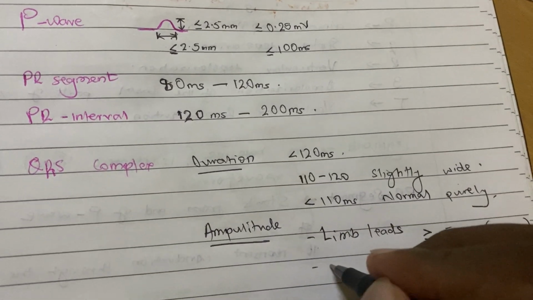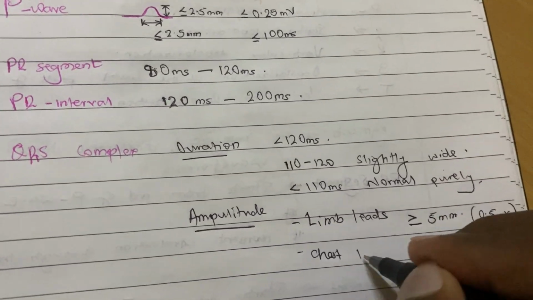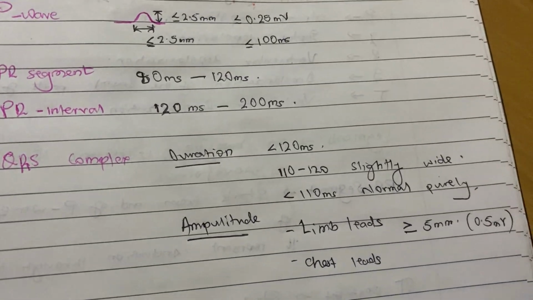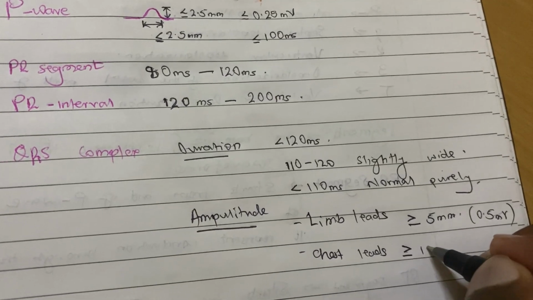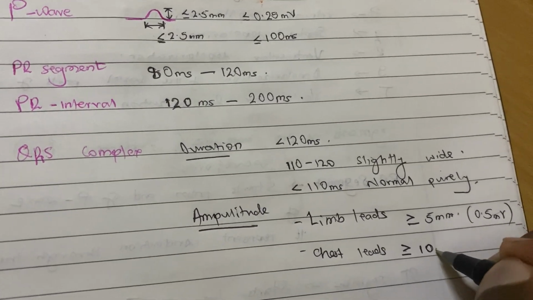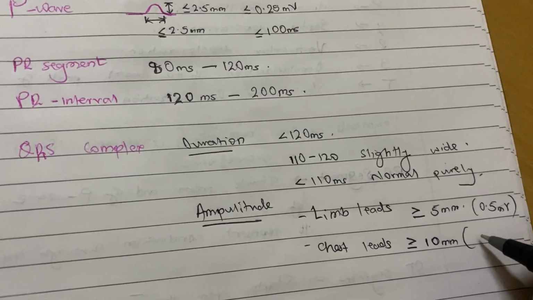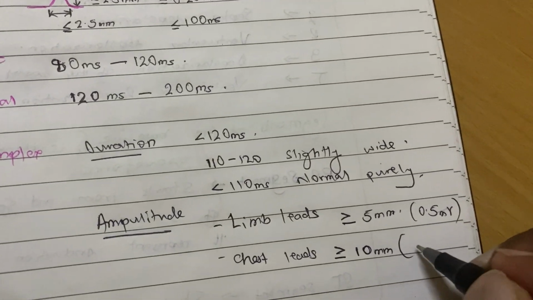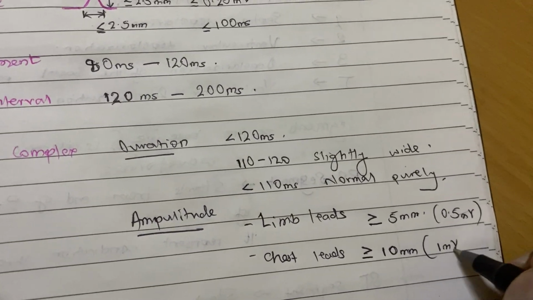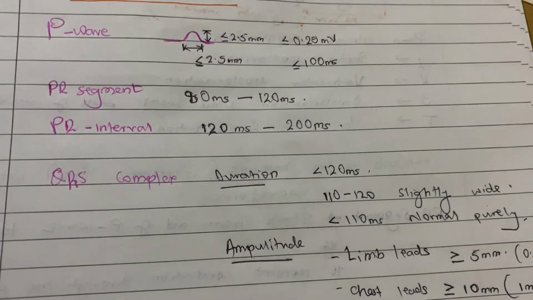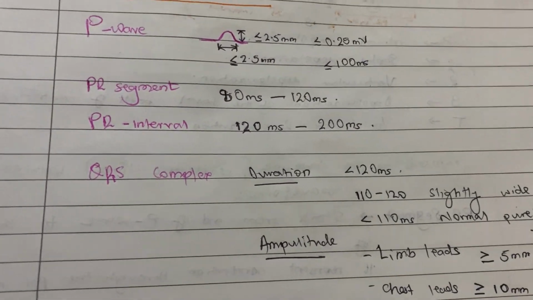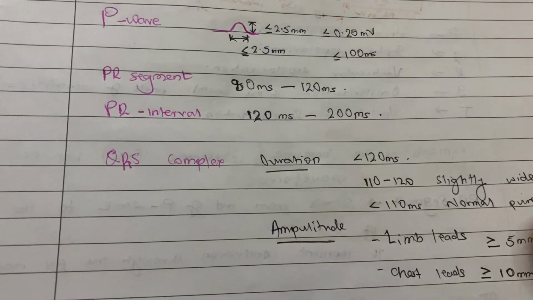In chest leads, it should be more than or equal to 10 millimeters, or 1 millivolt. That is QRS amplitude, that is voltage.